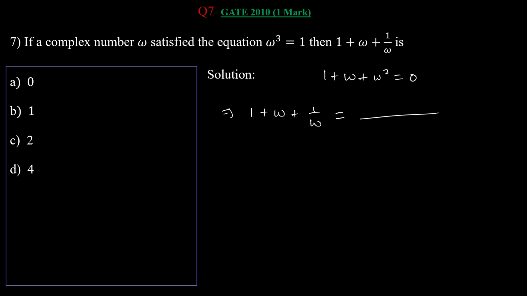So if you take the LCM omega, it will be 1 plus omega plus omega square plus 1 upon omega. So it will be 0 upon omega. So your answer should be 0.